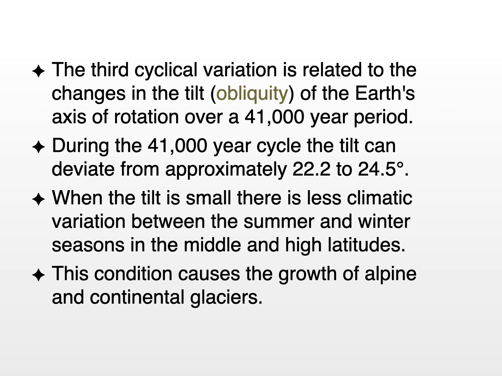When the tilt is smaller, there is less climatic variation between summer and winter seasons in the middle and high latitudes. This condition is believed to cause increased growth in alpine and continental glaciers, since a mild climate is required for snow to build up, and if summers are cooler, less of that snow melts, causing the buildup of these glaciers.